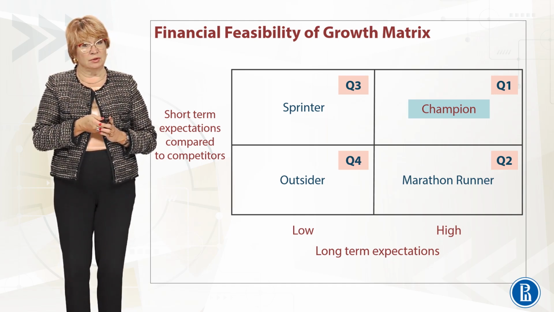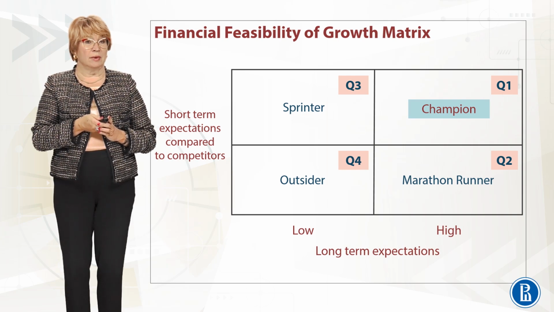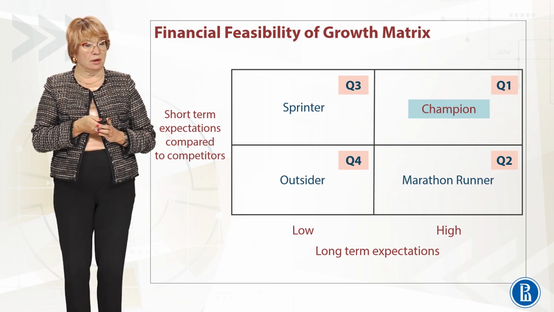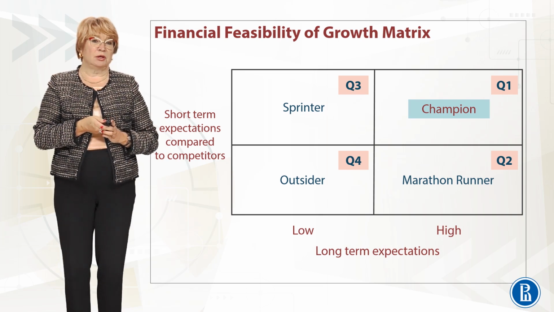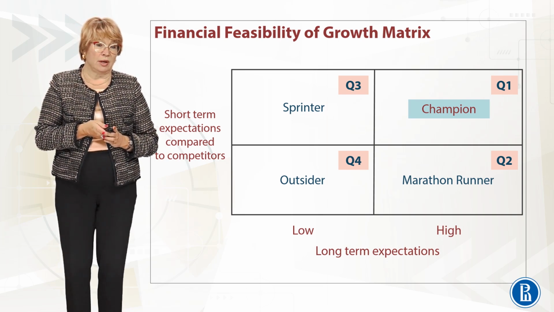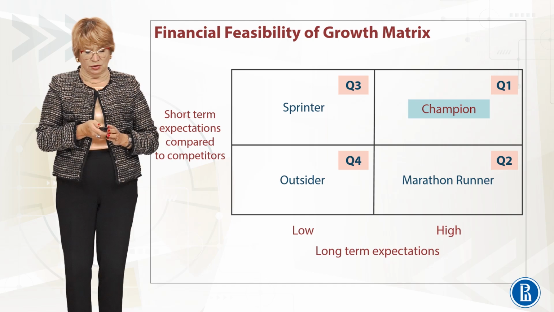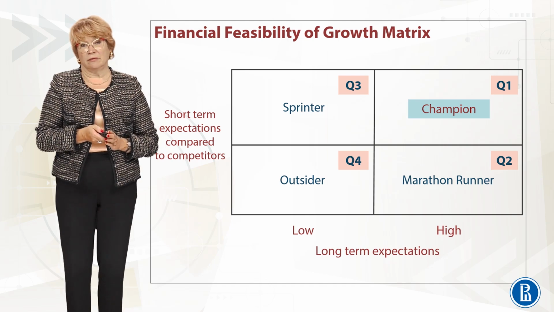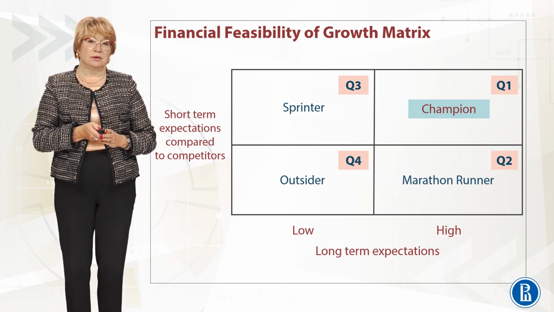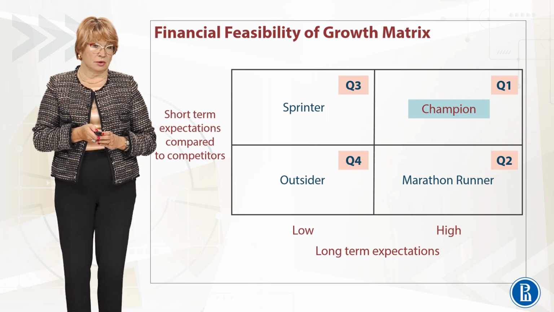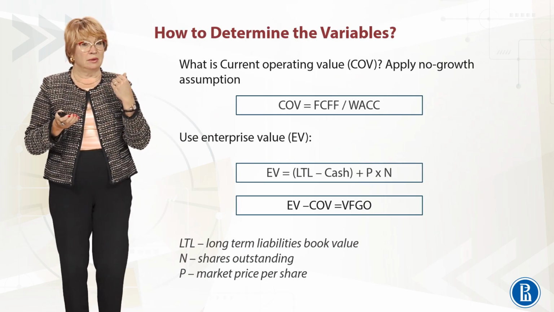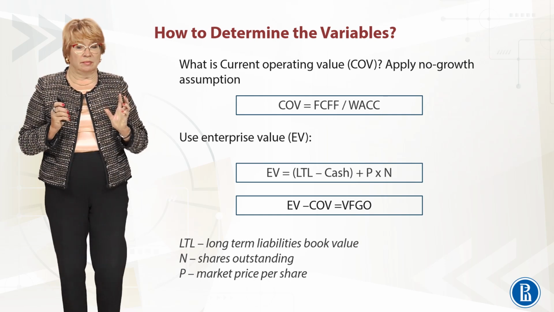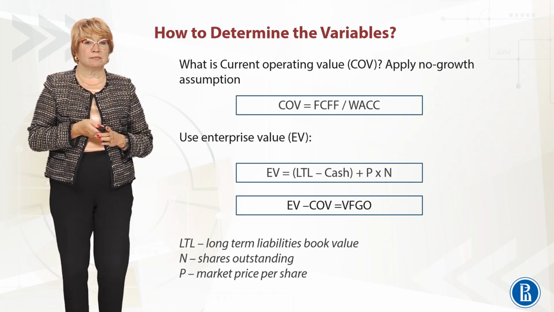And for sprinter type of growth, the short-term expectations are really high. But for outsiders, the short-term expectations are also low, as the long-term expectations from the investors are for the outsiders sitting in the Q4. So how are we going to compute all these variables just to build that matrix and to provide this benchmarking for us?